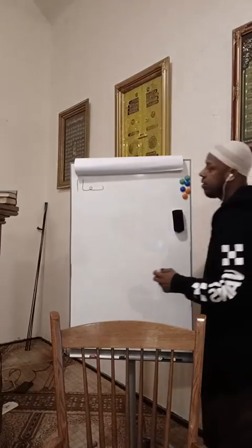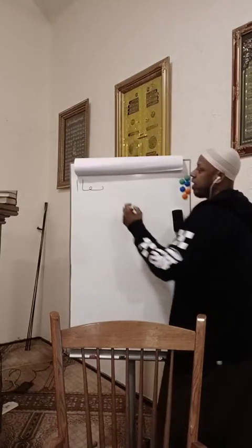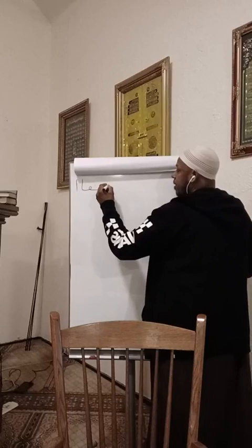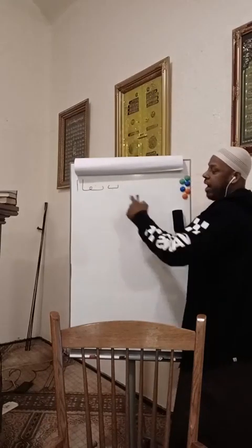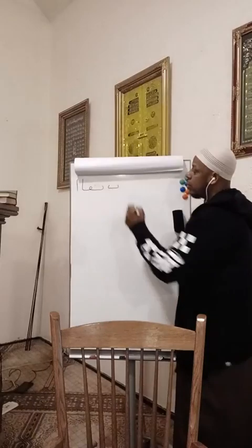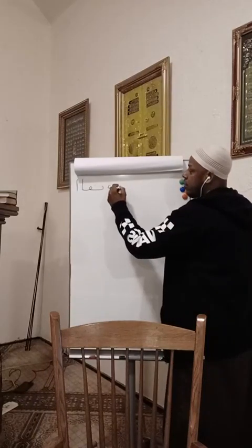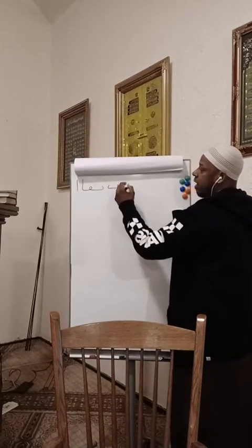Right? So now we're going to take the ba. Isolated. If you want to bring it into another word or into another letter, we come out of it like so.